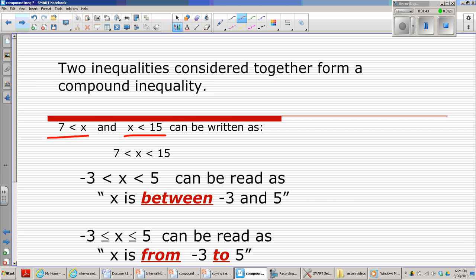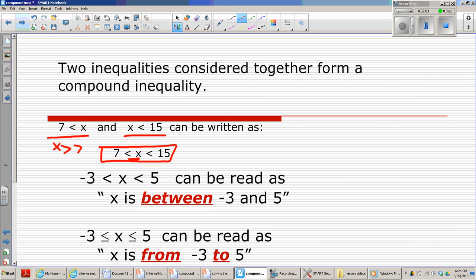So we would rewrite this part as x greater than 7 if we were going to graph it. But when we're writing it to combine it together, we have the x in between the two numbers, the smallest number and the highest number.